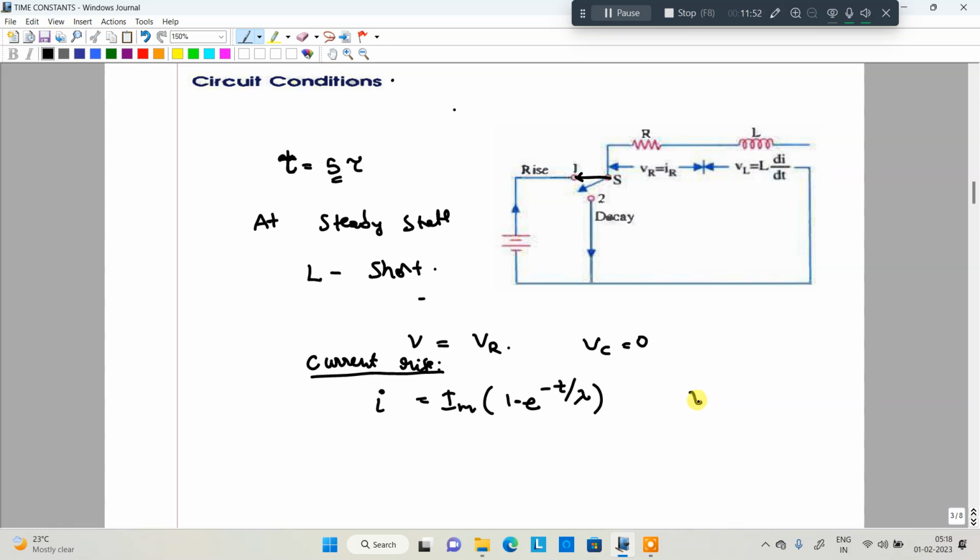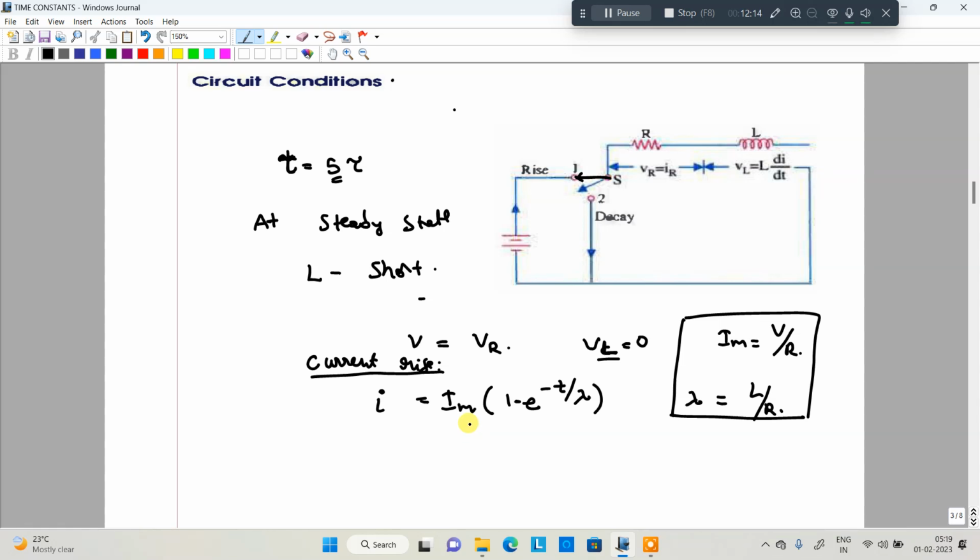Time constant of the RL circuit, lambda is equal to L by R. And Im is the maximum current, when the inductor voltage is equal to 0, that is I maximum is equal to V by R. These two formulas, if they ask any question in the examination, you can attempt.